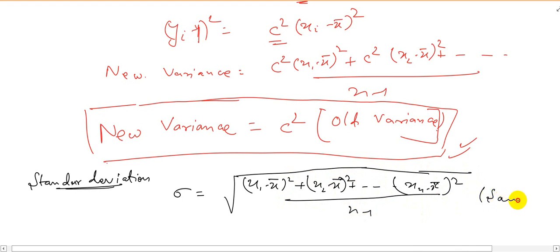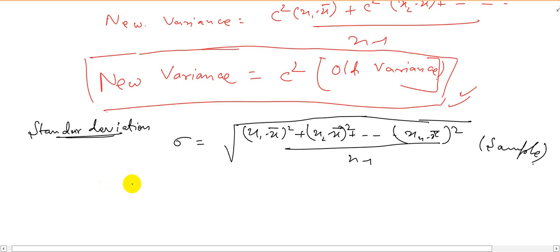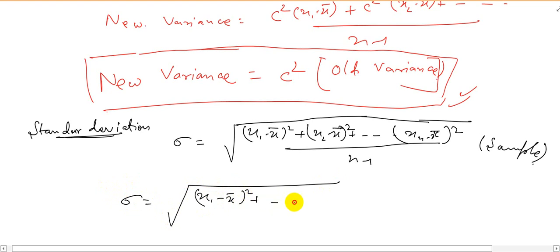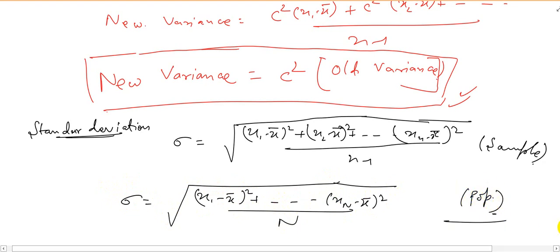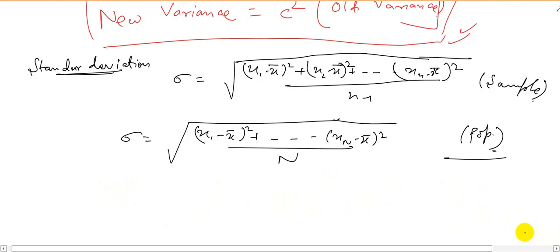Since we have removed the square, we put a square root on the right-hand side. This is the case of a sample, and there would be a similar case for a population, right? So this is what standard deviation means.